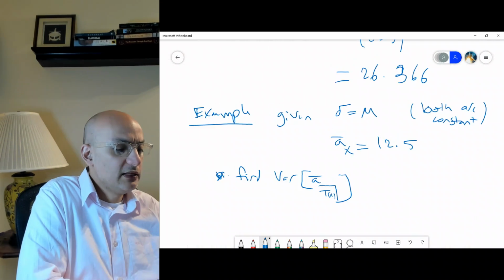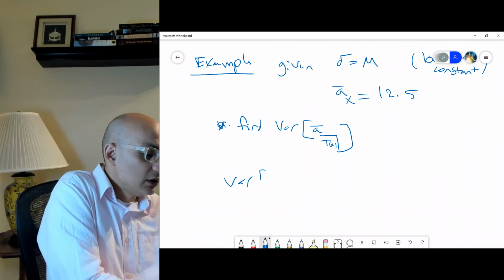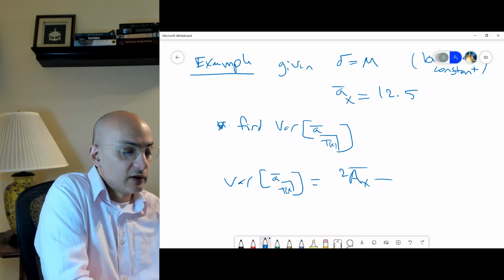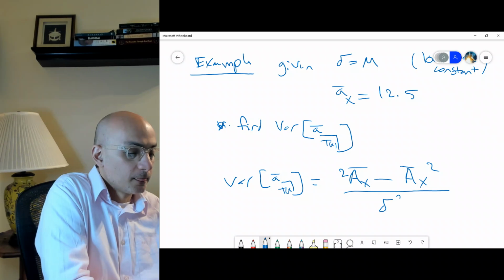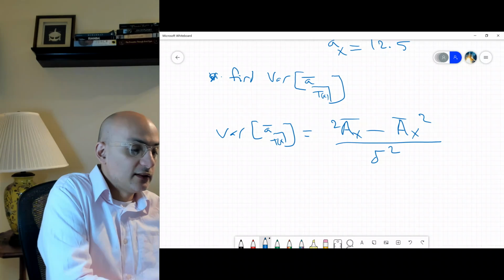We need to apply the same rule. Let's start with what we know. The variance of a angle TX. This is the general form and this is the continuous case. There is nothing new here. Now we're going to take them one by one.